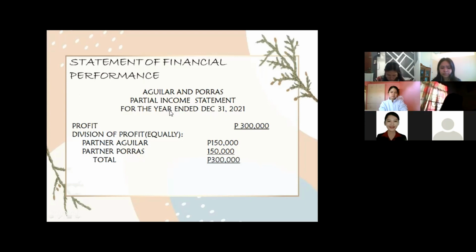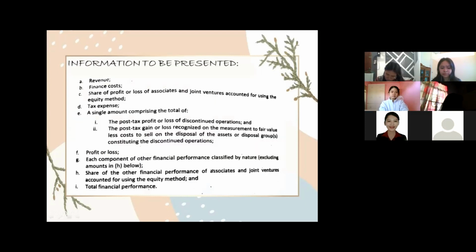Ito yung example ng partial income statement, which is say profit na 300,000. Division of profit equal yung agreement ni Aguilar at ni Porras, which is 150,000 and 150,000. Kaya meron silang total na 300,000.